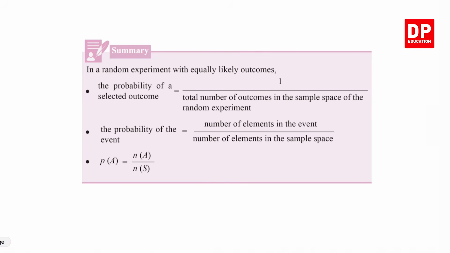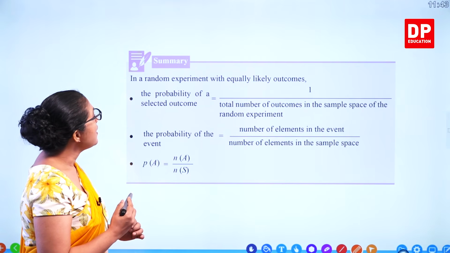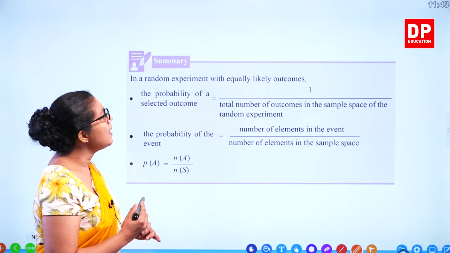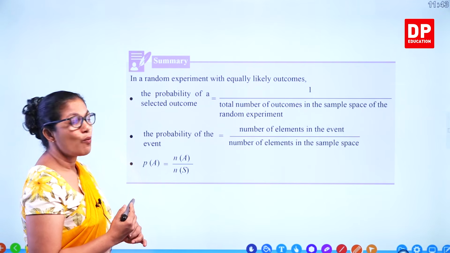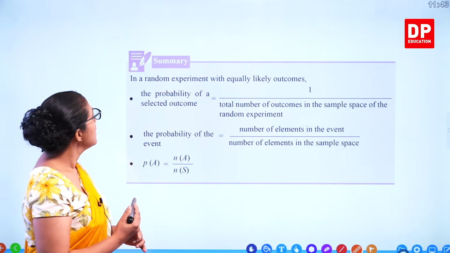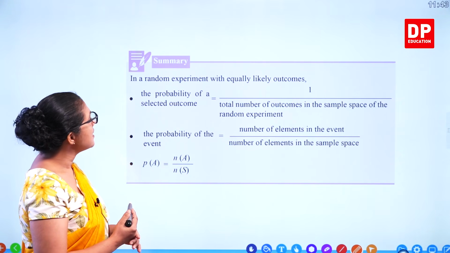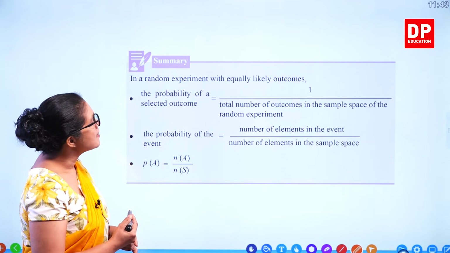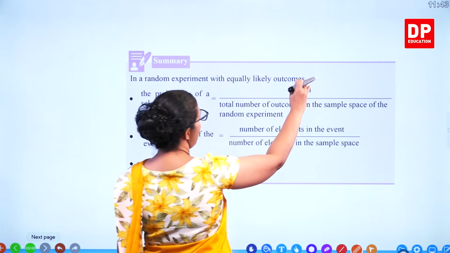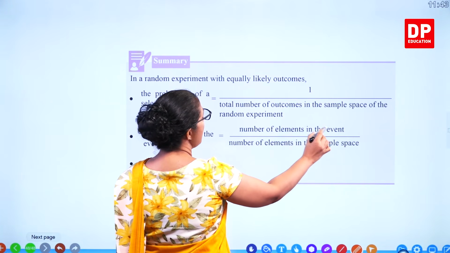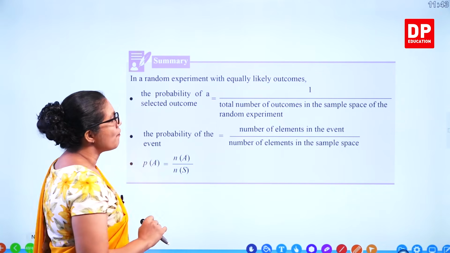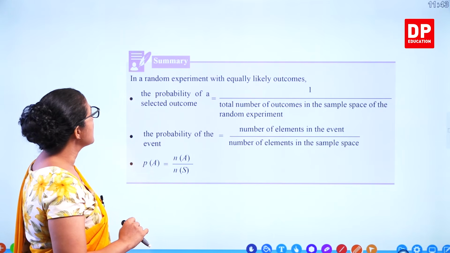So we completed all the theory related to probability. In a random experiment with equally likely outcomes, how do we find the probability? The probability of a selected outcome is the number of elements in the event over the number of elements in the sample space.